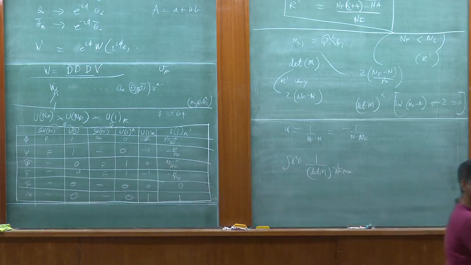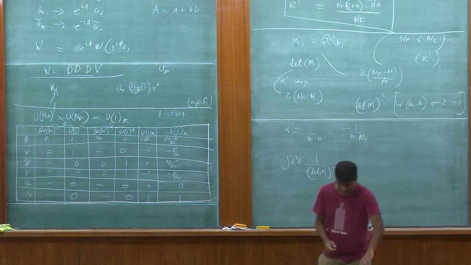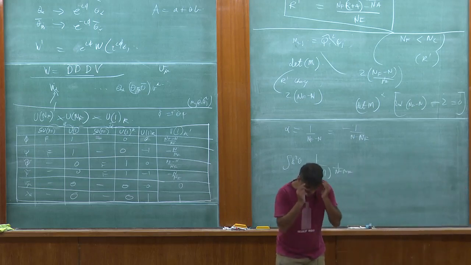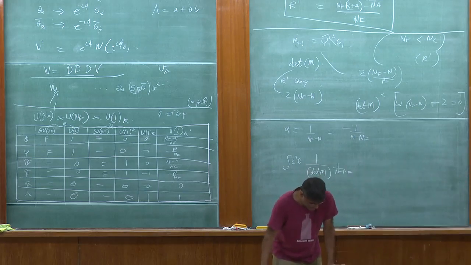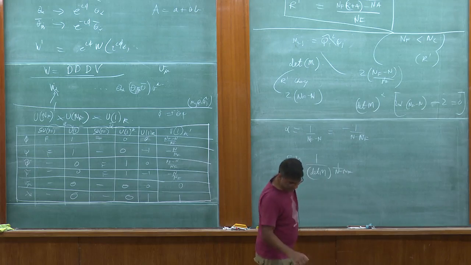Isn't this remarkable? d2 theta of det M to the power minus 1 over (N minus Nf) is the only allowed form for the superpotential. Now, let me check. Perfect.